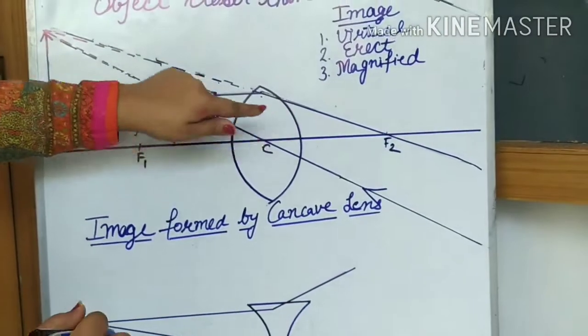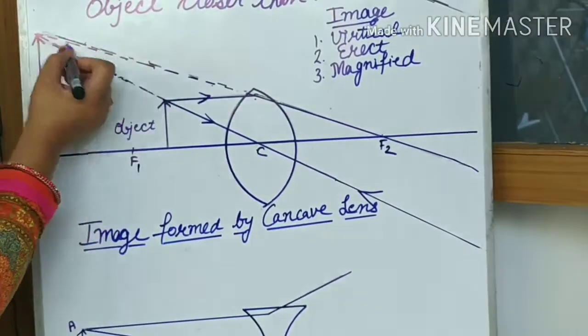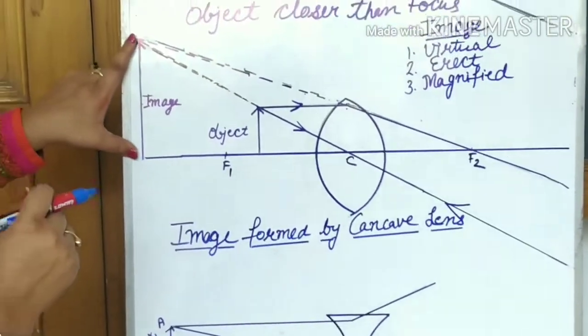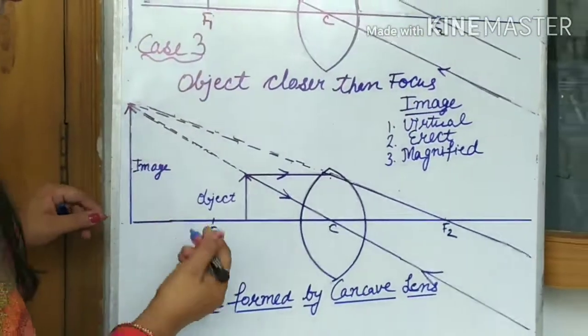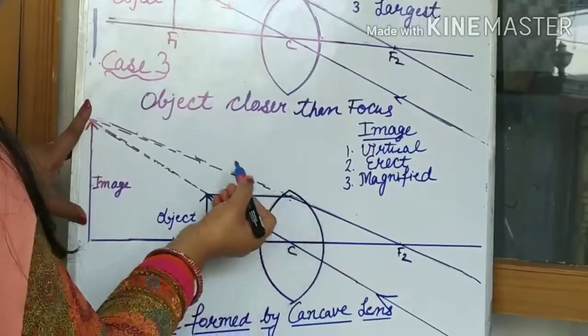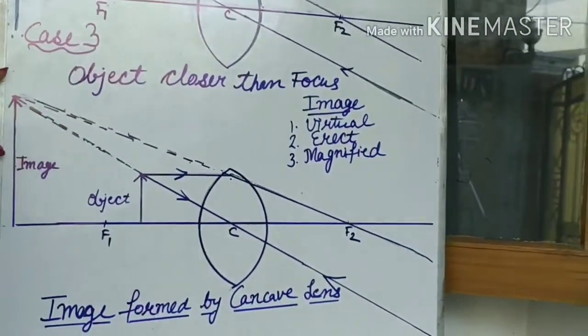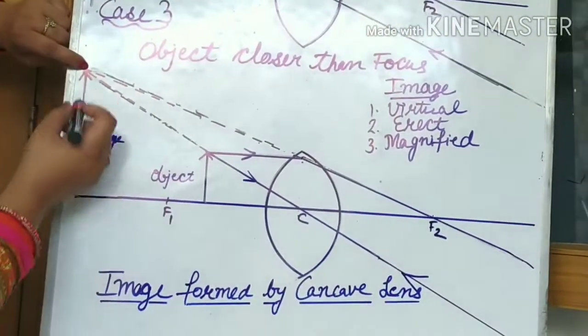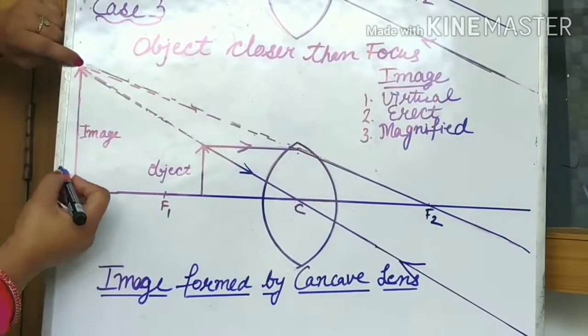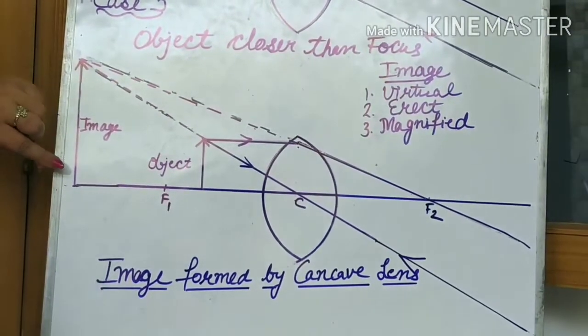But if we produce these rays at the back, then we will get a virtual image on the same side of the lens. Here I have produced these rays at the back, and at the point of intersection, if I join the point of intersection with the principal axis, a virtual image is formed.